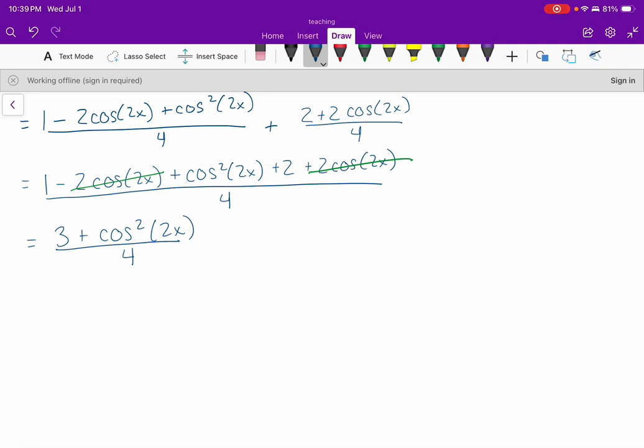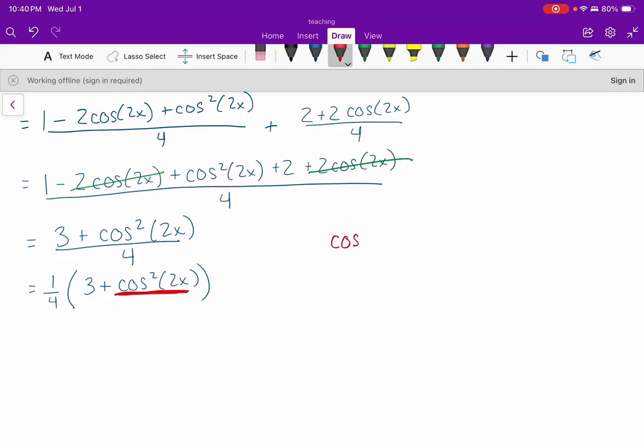I'm going to have to deal with some more fractions, so I'm going to do something a little creative here. I'm going to pull this 4 denominator out to the front by saying that that's 1/4 times 3 plus cosine squared 2x. The reason I'm doing this is because I'm about to replace cosine squared 2x with another power reducing identity, and I don't want a complex fraction.